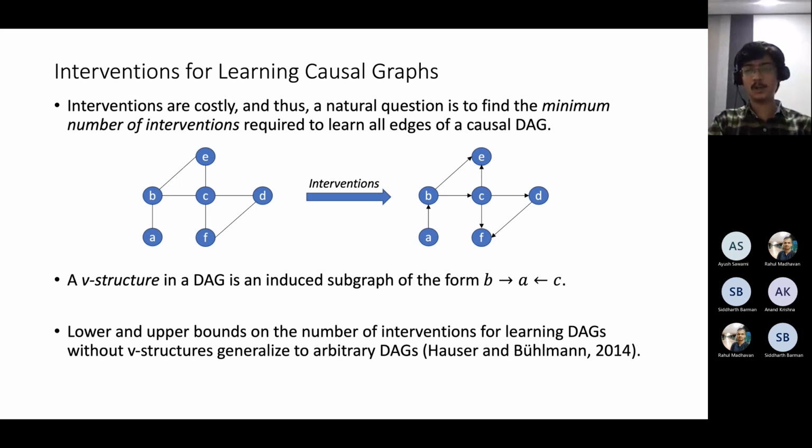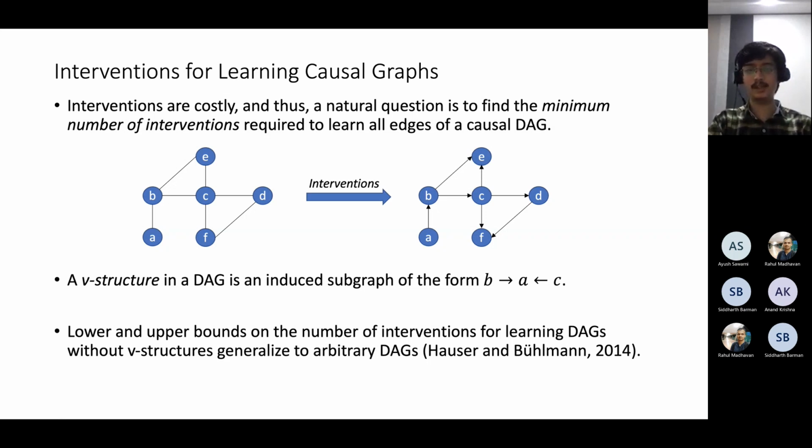Therefore, from now on, I'll assume that there is no V structure in the given causal DAG. So I'll just focus on DAGs without V structures, and I'll assume that this induced subgraph is not present in our input DAG.